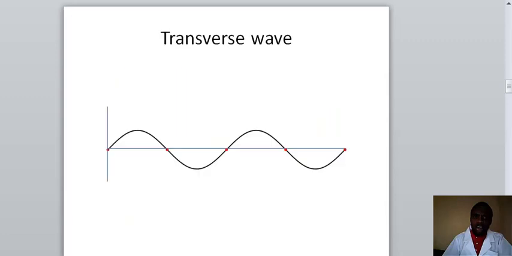This is the graph that shows a transverse wave. You look at it, it travels perpendicular to the medium of propagation. As you can see, as it's moving, the particles are what you see as red. So this type of wave is what we refer to as a transverse wave.